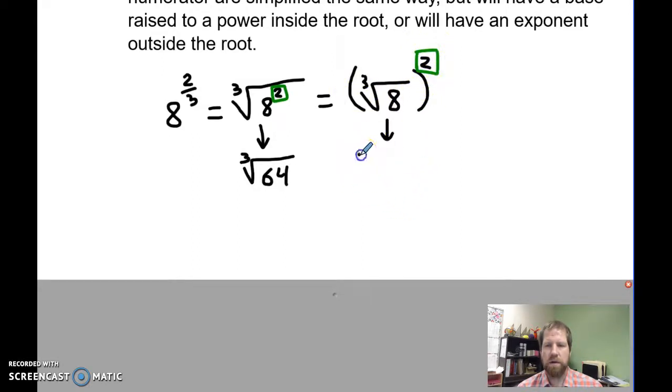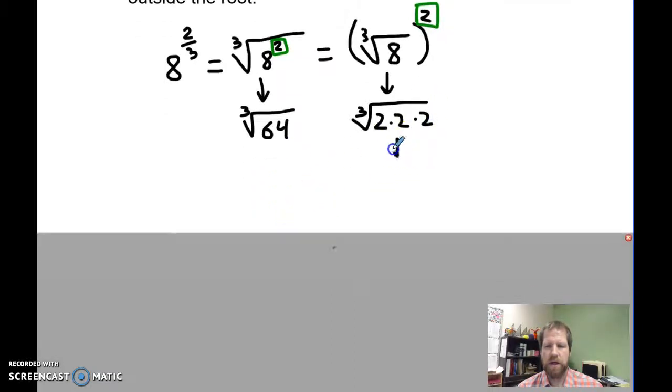So here we're going to have the third root of 8, which is 2 times 2 times 2. So my third root, oops, don't forget my second power. My third root is just going to be 2, because it's 2 times 2 times 2.